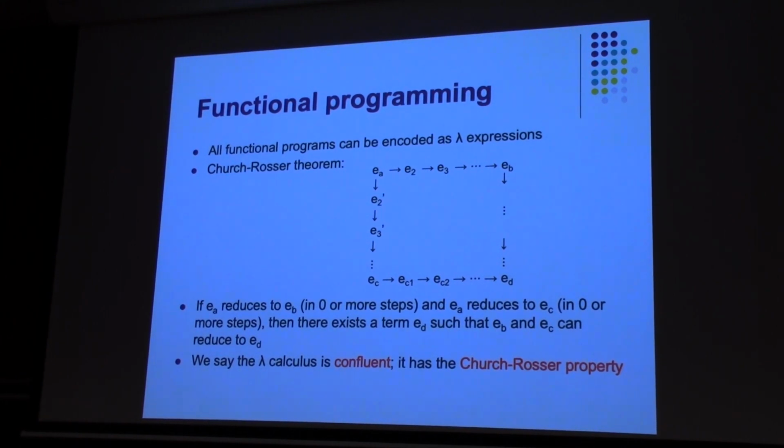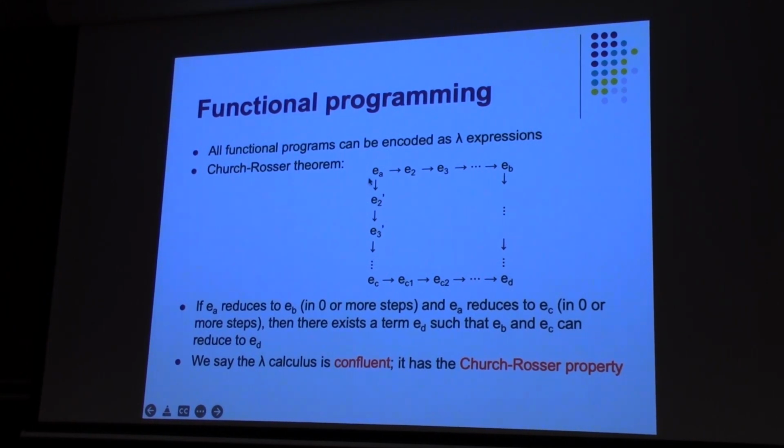There are many variations of lambda calculus, but I don't want to go into all that. I just want to show you one main thing. All functional programs can be encoded as lambda expressions. And these expressions are reduced step by step. Each little arrow here is a single step. And if you want to know more, you can look at the lectures of the previous course.